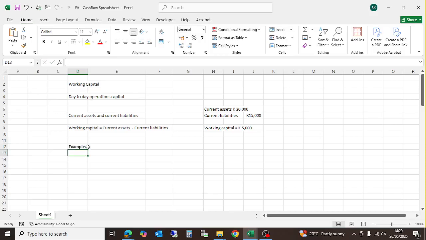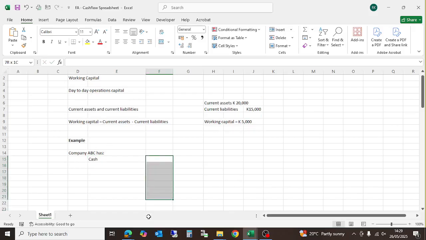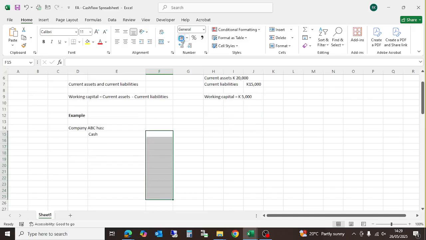Okay, so let's imagine we have a company ABC. Company ABC has the following. It has got cash. Let me just make all this kwacha. The cash is 5,000.